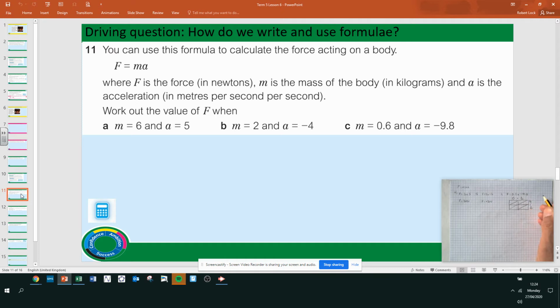Remember, it's a minus. So 6 times 9 is 54. 6 times 8 is 48. Anything times 0 is 0.